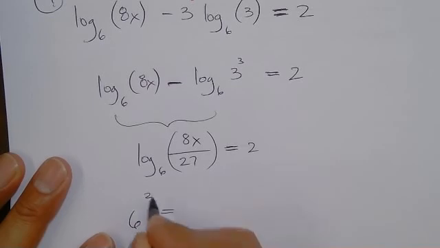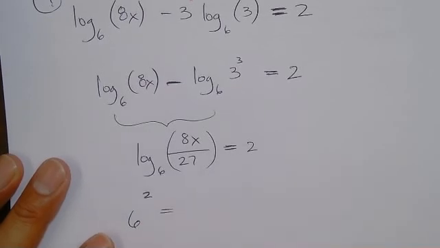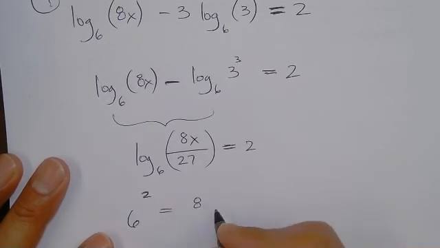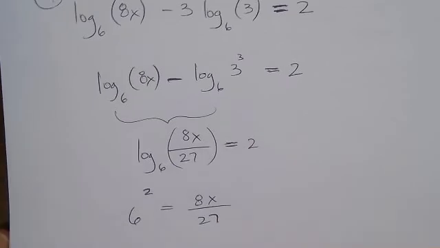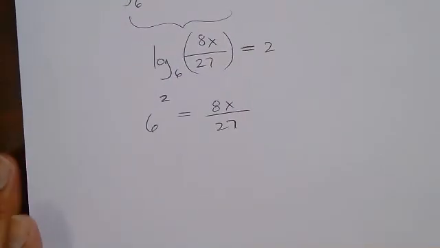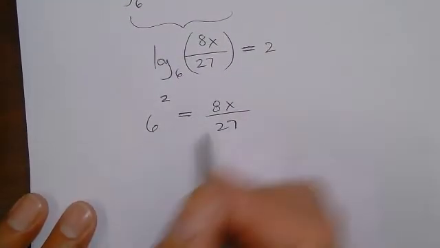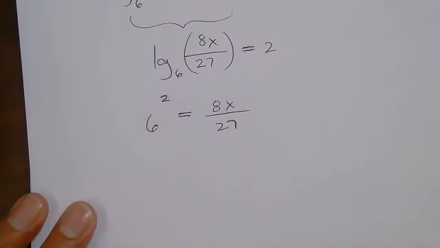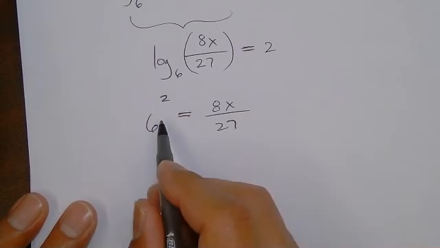Okay, we can't reduce. All right, so now change it to exponential form. 6 to the power of 2 equals 8x over 27. Go ahead, solve that. Let's see what you get.